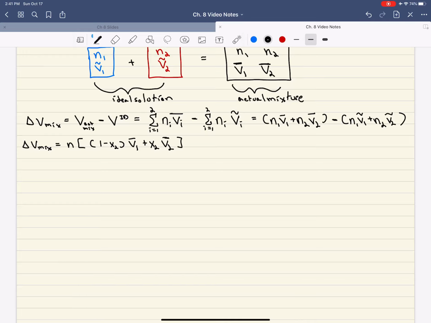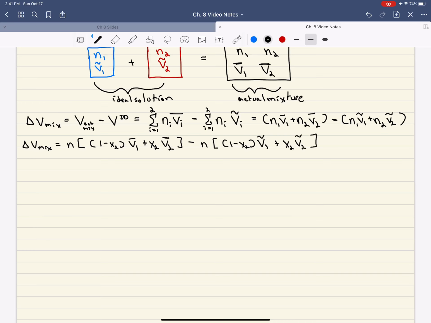And the reason I'm doing that is a math reason, and that will come up later. Okay, so then minus N, that's x2, v1 hat, plus x2, v2 tilde.